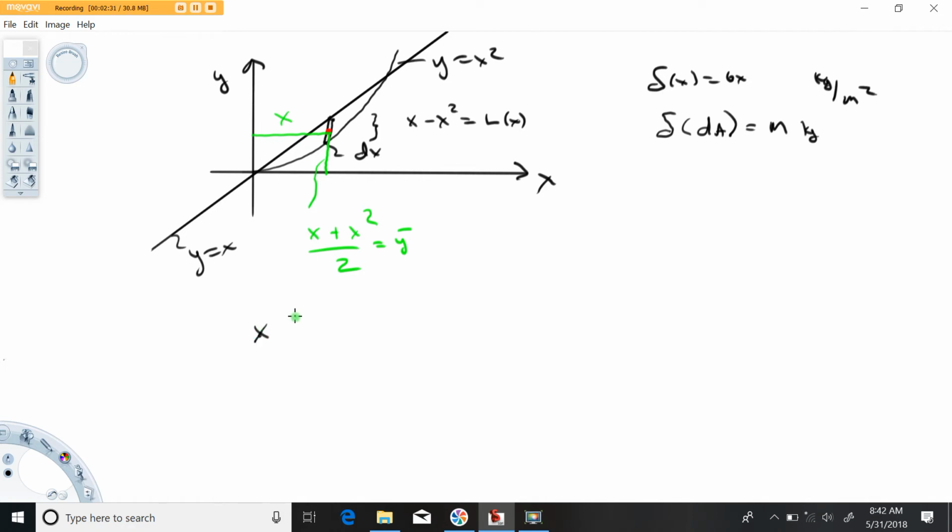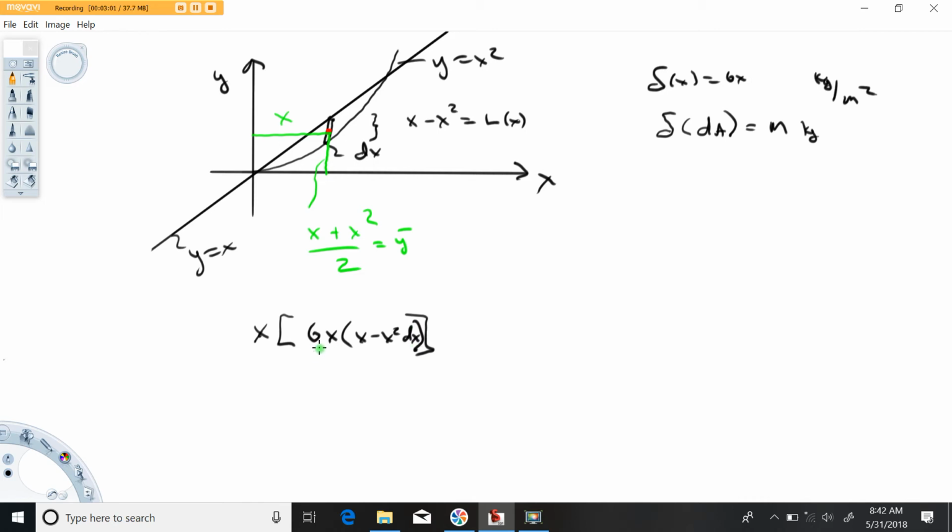We are going to give it a weight, and we're going to weight it by mass this time by taking our density, which is 6x, and this would have units of kilograms per square meter, and then we're going to multiply by the area of our rectangle, which is going to be x minus x squared, dx.